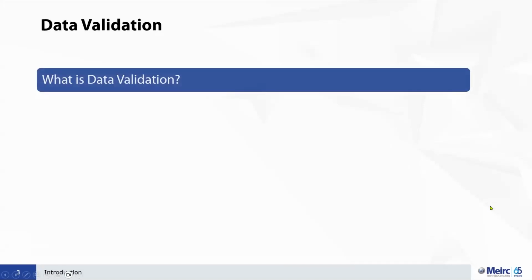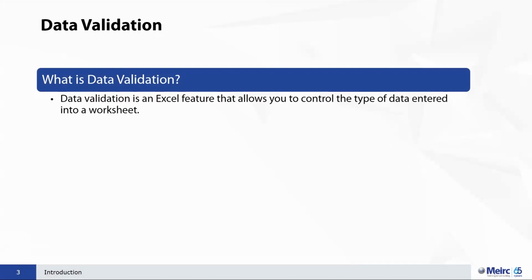All right. Now, data validation. What is exactly data validation? It's an Excel feature that allows you to control the type of data entered into a worksheet. So when we open an Excel worksheet, you can basically do anything you like in terms of what you can insert.